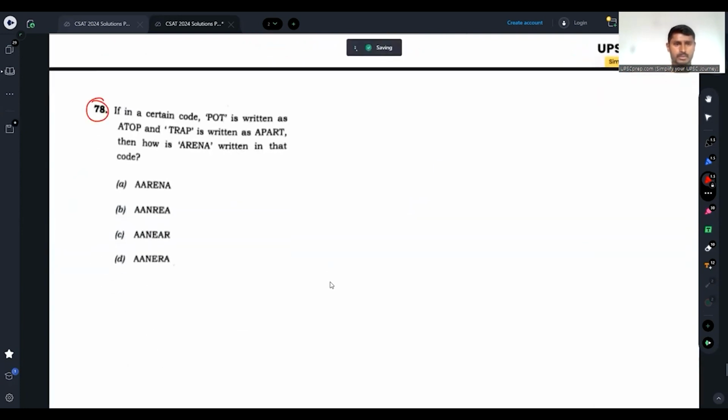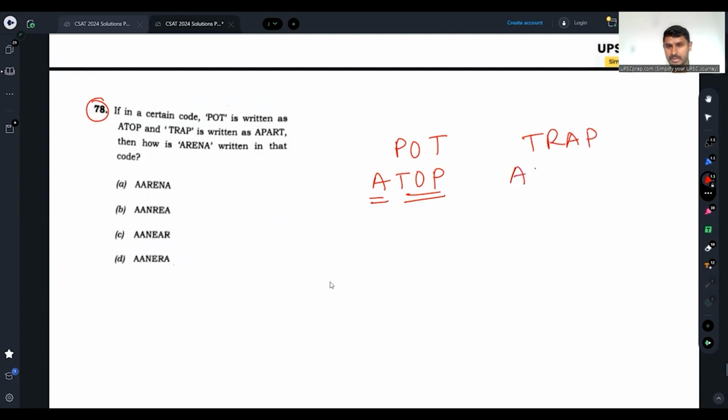78th. In a certain code, POT is written as ATOP. So if you see, A has been added, and POT has been reversed as TOP. Then TRAP has been written as APART. The same thing has been done.